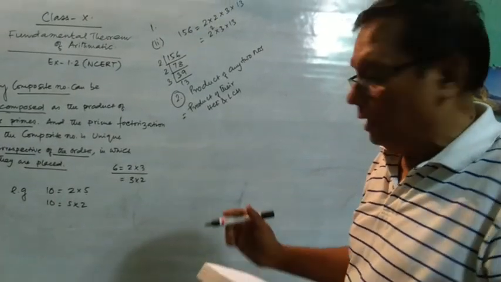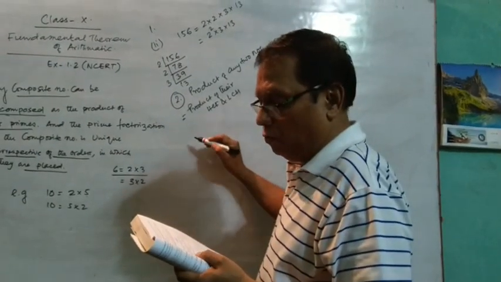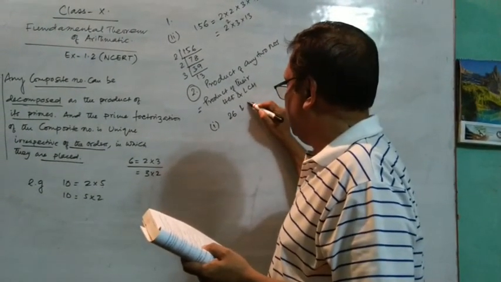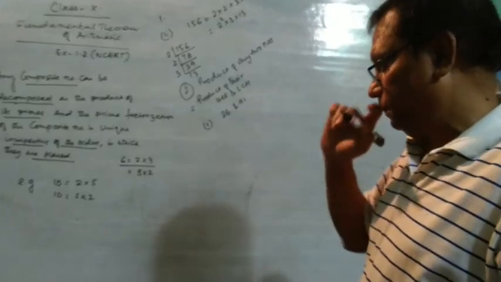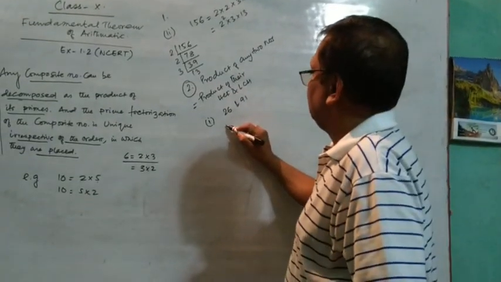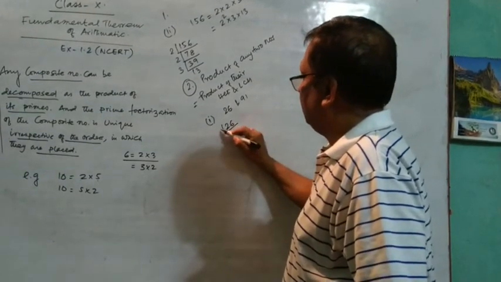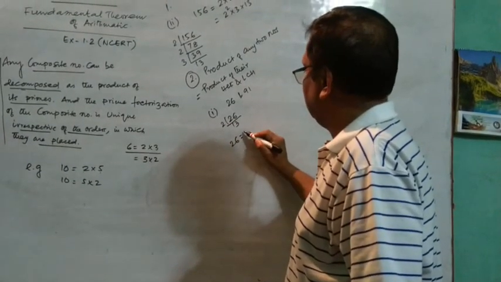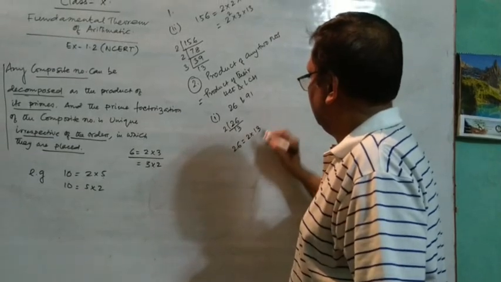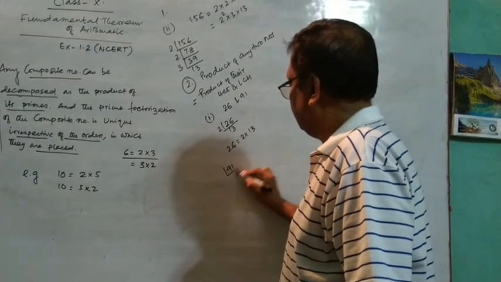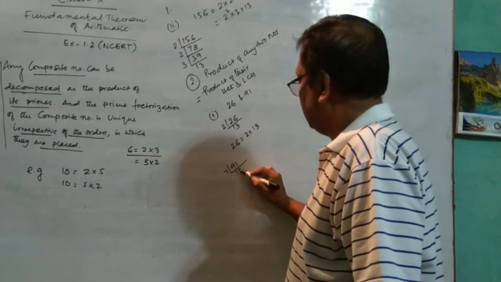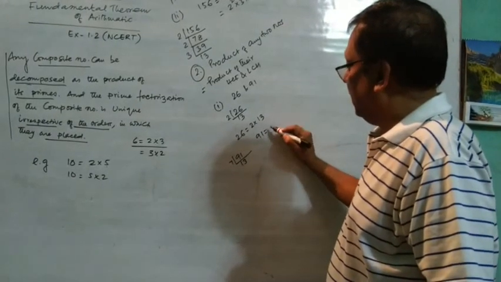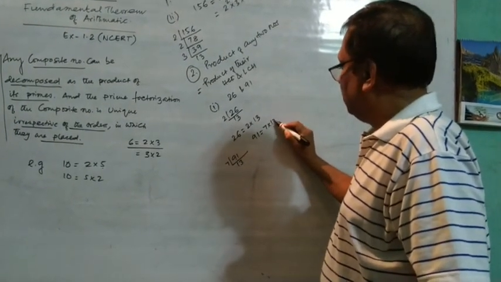Now see, one question from here we will do, that is the first of question number 2, 26 and 91. See, 26, find out the prime factors, 2, 13. So we can write 26 as 2 into 13, and 91 can be written as 7 into 13.